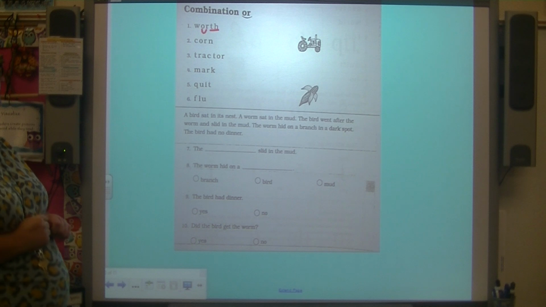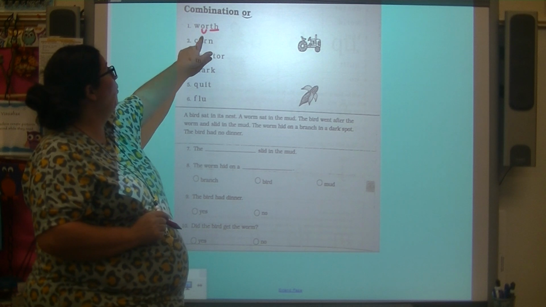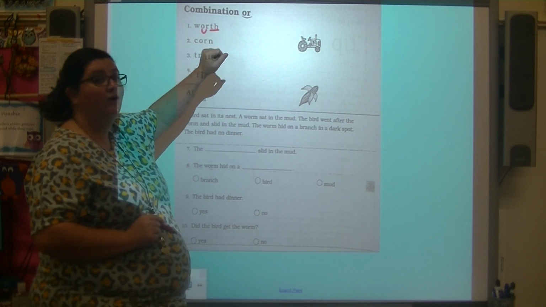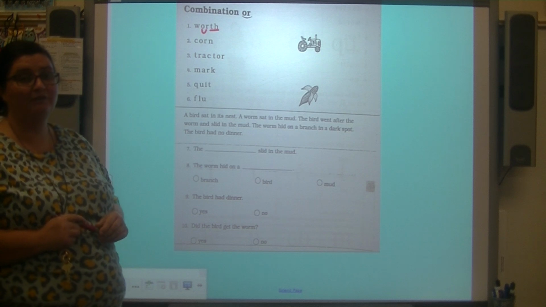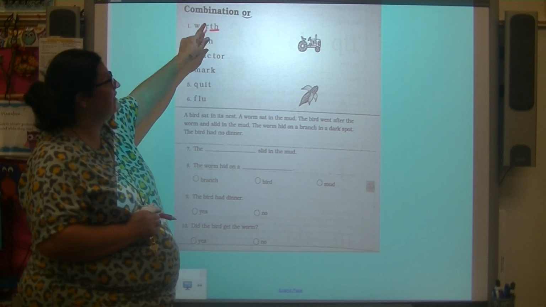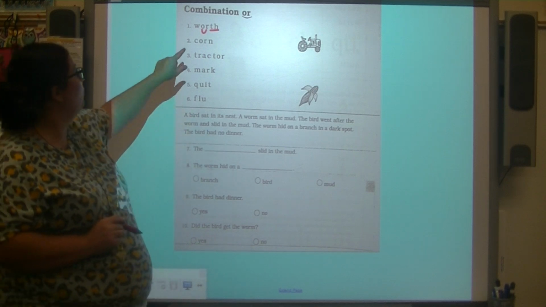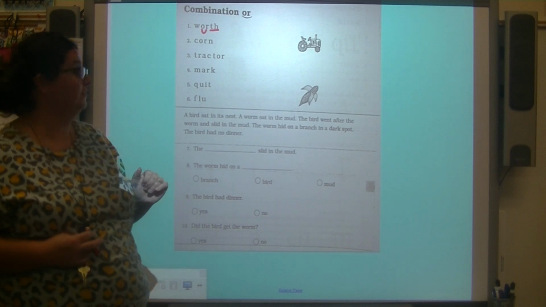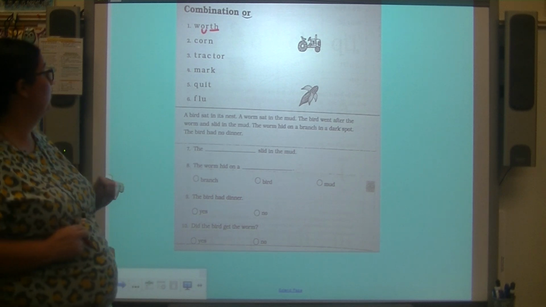Now we can sound it out. Worth. Why did Miss Spires say in this word? It is W. Remember that bossy W makes that say instead of or. What word? Worth. Like, how much is my bicycle worth? Worth.